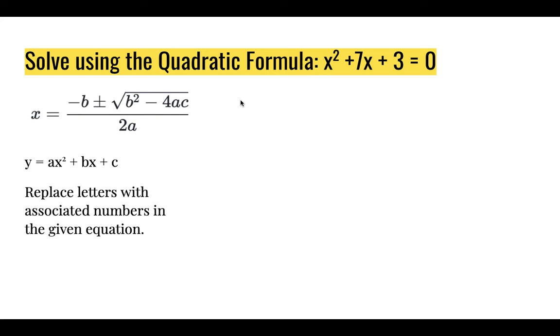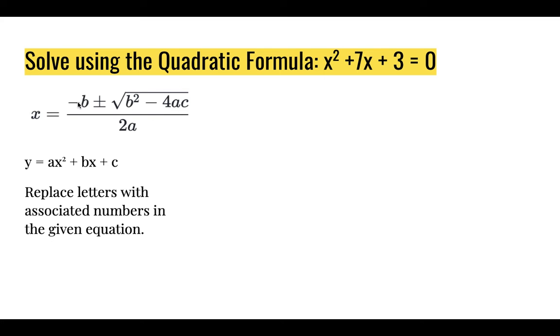To use this formula, you're going to replace these letters in the equation with the associated numbers. So here, our a is 1, our b is 7, and our c is 3. Every time you see a, you replace that with 1.